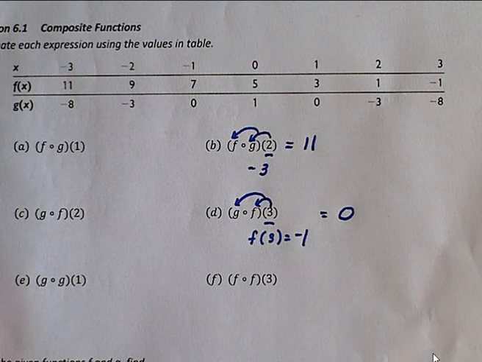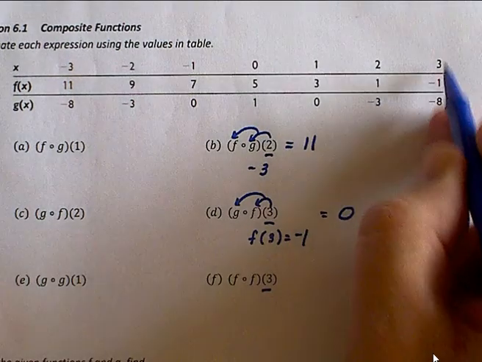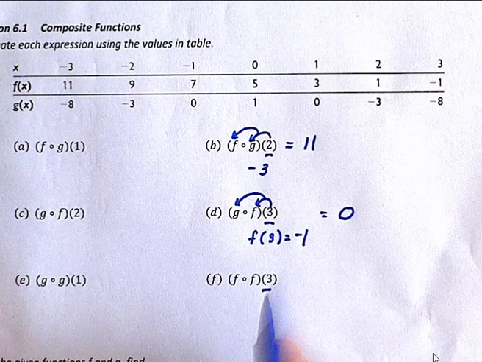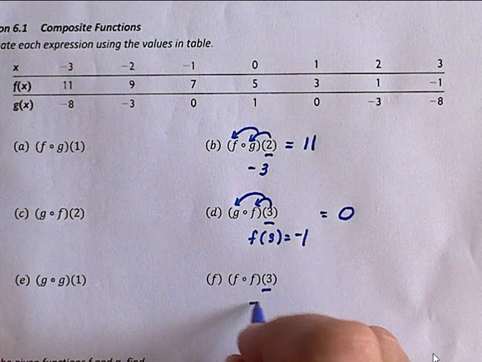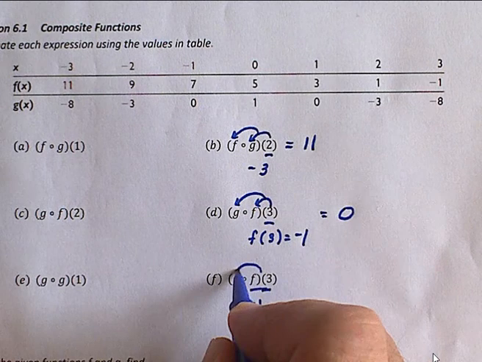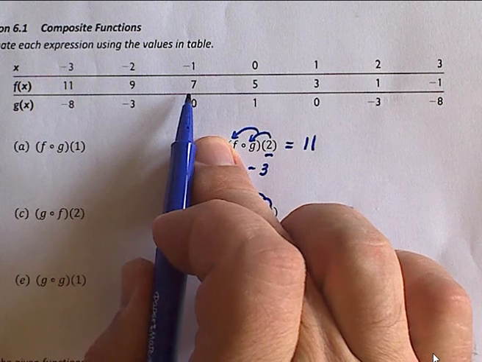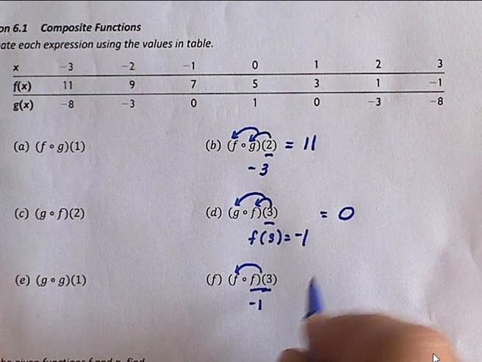So on F, we're going to just use function F, again starting at the number 3. 3, I'm going to go down to F. F of 3 is -1. Now you're going to take that result, -1, find it, and go down to F again, which is 7.